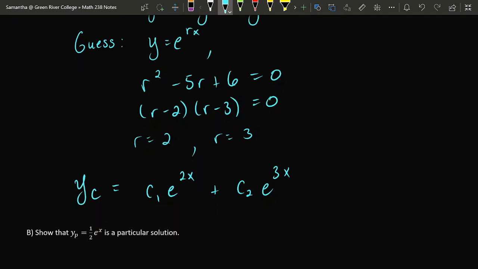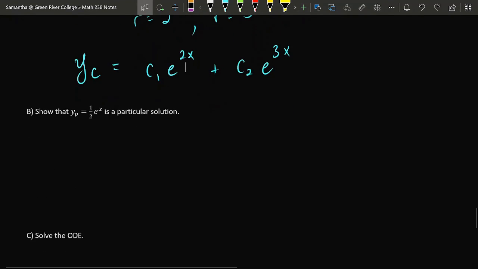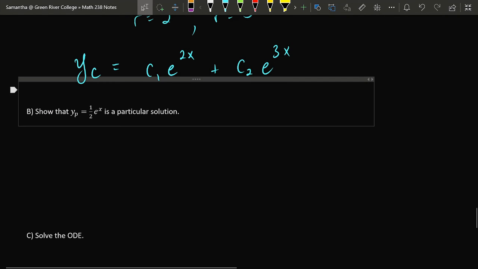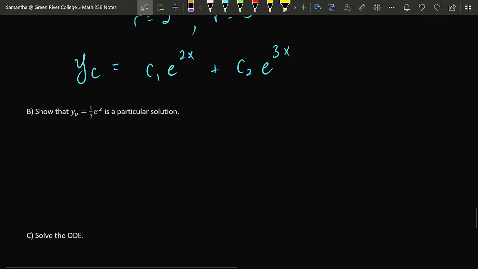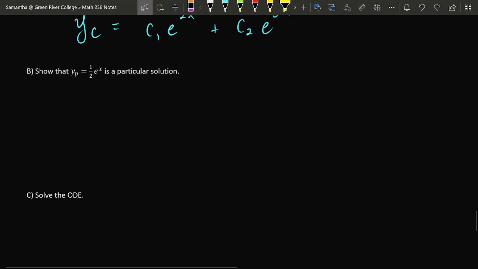So what would a particular solution be? Show that y sub p equals 1/2 e to the x is a particular solution to my non-homogeneous differential equation. Now if I take the first derivative and even the second derivative, the function remains unchanged.